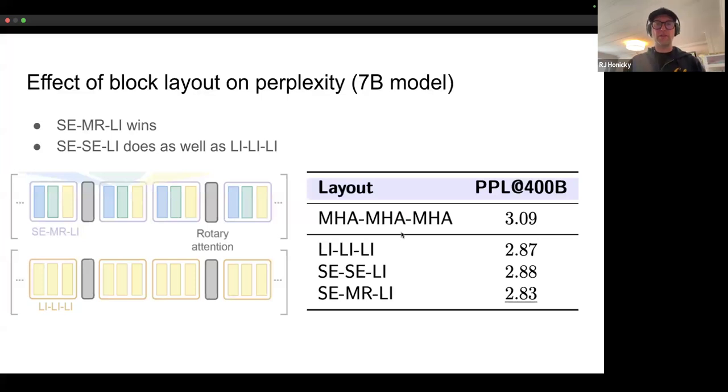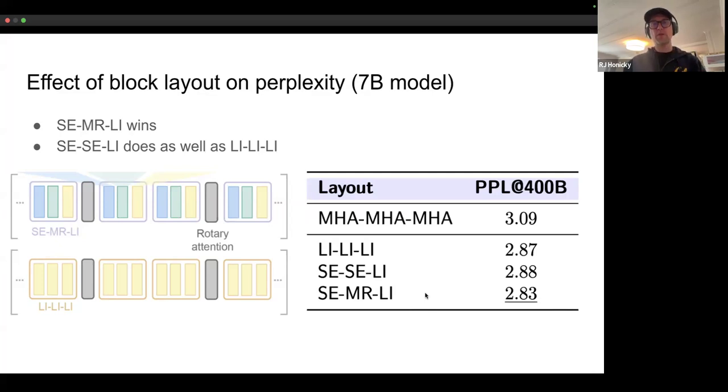Then they looked at this LI, which was the original design of Striped Hyena, and you get 2.87, so a bit better. Interestingly, if you just replace these first two LIs with these SEs, you get basically the same perplexity. So it doesn't hurt to have this more efficient, very short convolution instead. And then they found you do even slightly better if you stick an MR in there.